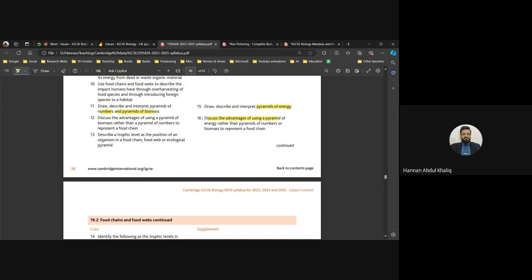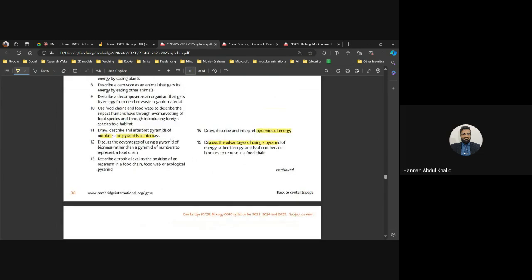The pyramid of energy can actually represent both of them simultaneously, the pyramid of biomass and the pyramid of numbers. So we do have an advantage using the pyramid of energy. It can include both of them.